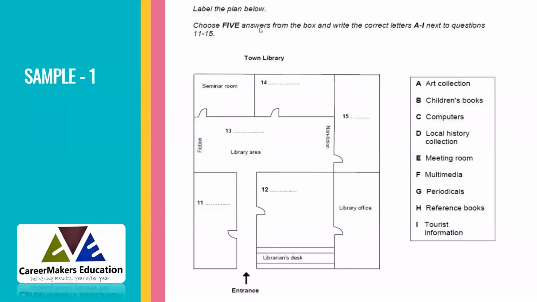You can see over here that there is a plan given of a town library. You can see there are some labels already there: the entrance, then librarian's desk, library office, then fiction area, non-fiction area, seminar room. So these are already there.